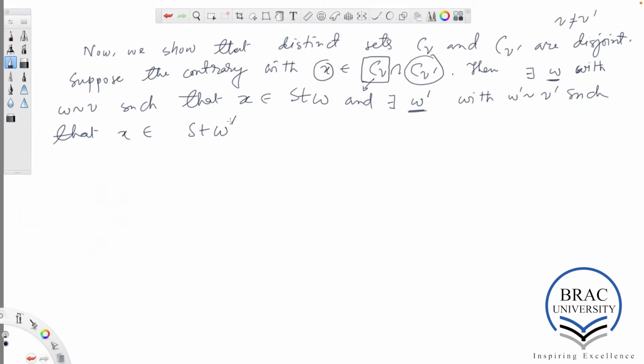It entirely follows from the definition of this open set C sub V, which is the union of all stars of the vertices that are equivalent to each other.